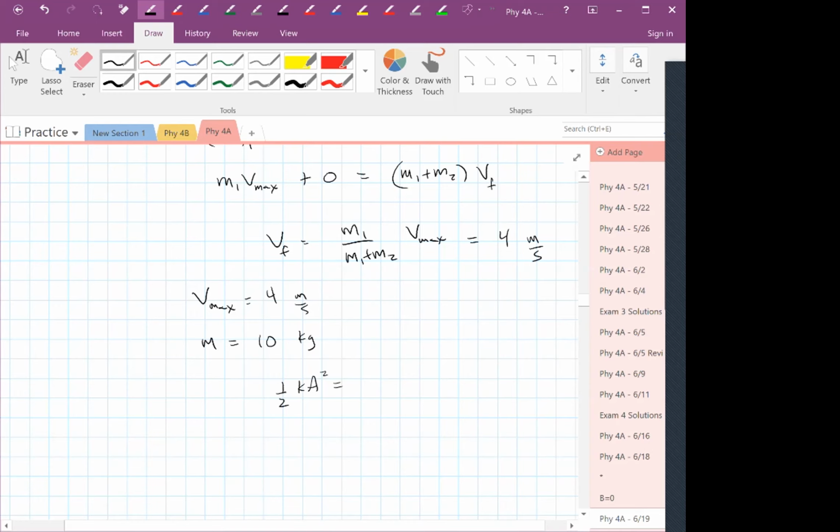K has not changed. It's not as much. We dissipated some energy during that collision when they stuck together. We lost some of our mechanical energy, and the amplitude is less now.